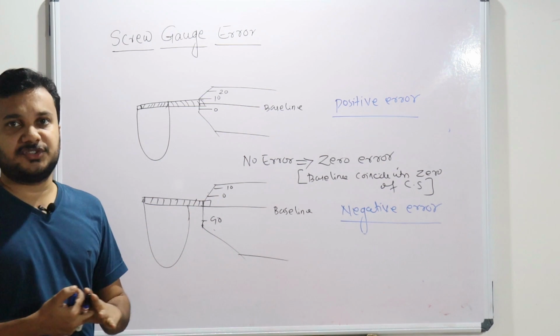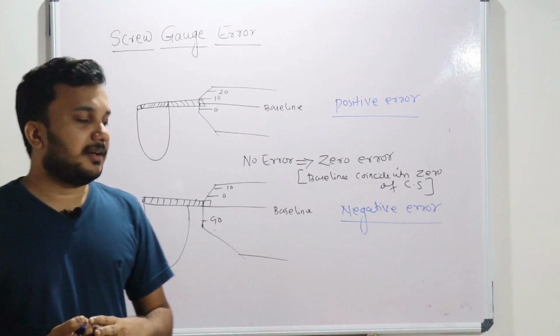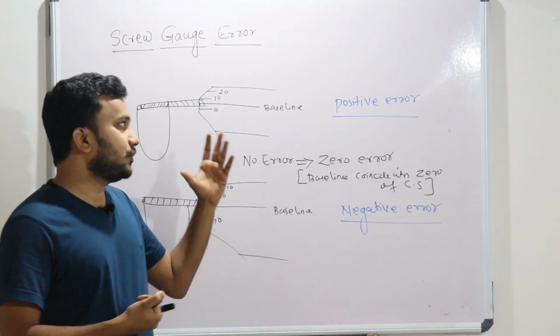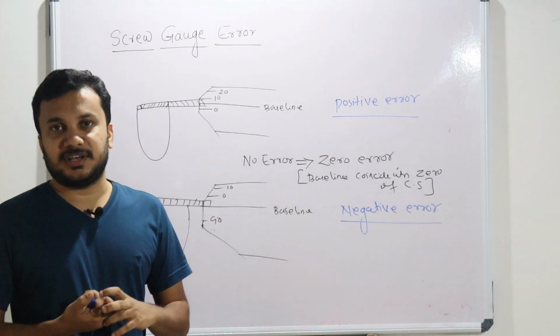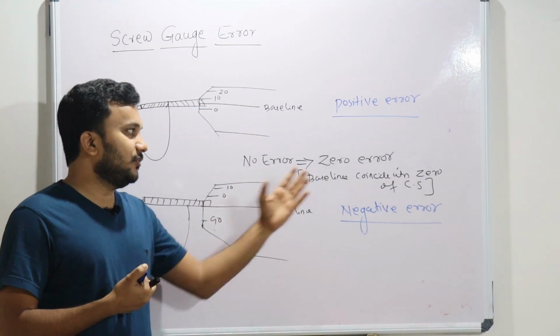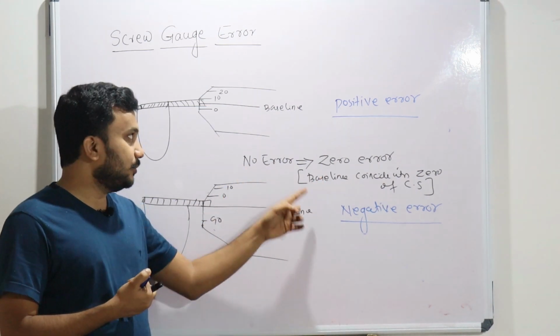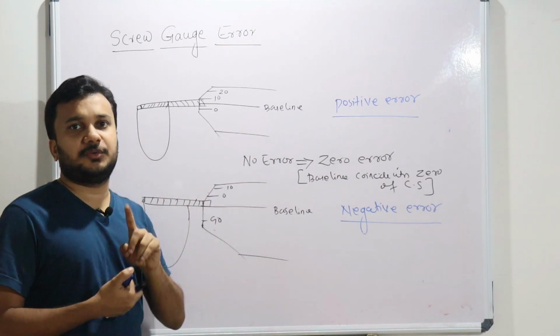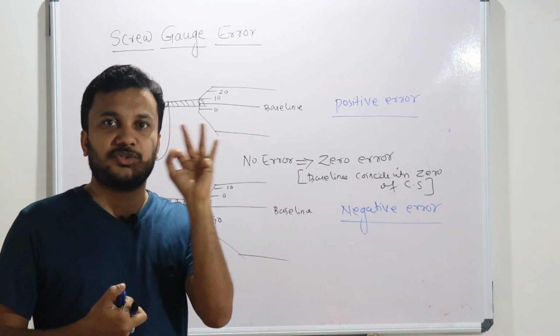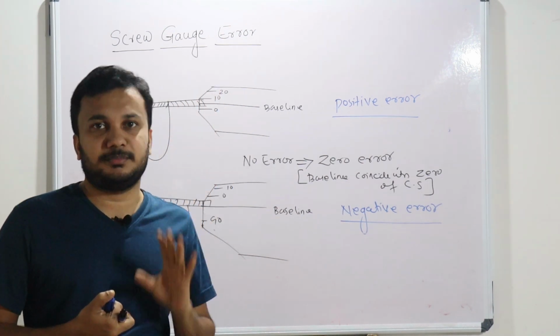So two types of errors normally come, positive error and negative error. While purchasing a screw gauge for our use, we have to ensure it does not contain any error, which is also called zero error, which means the baseline should coincide with the zeroth line. That is the correct device with no error, no defect, which can be used to measure.